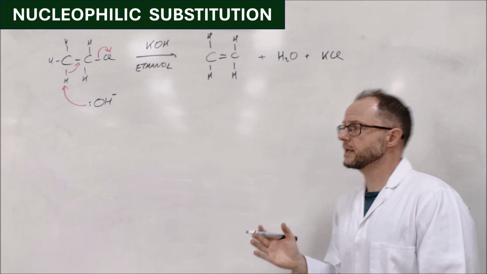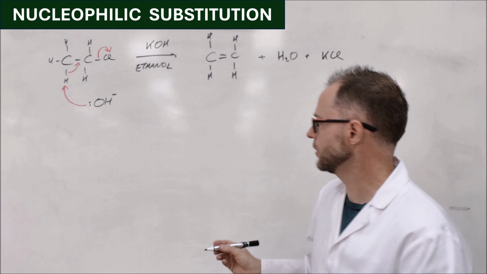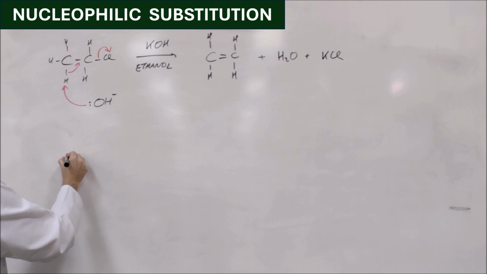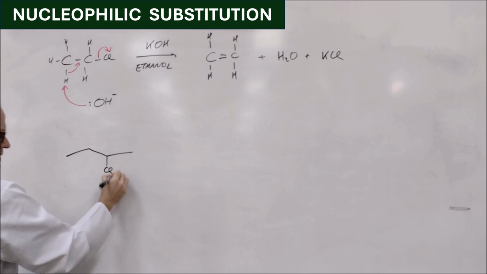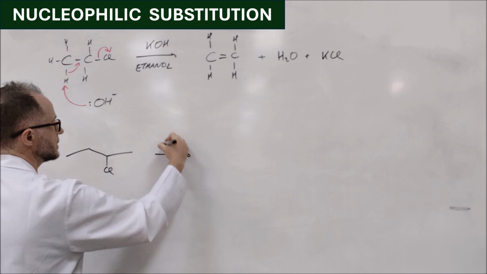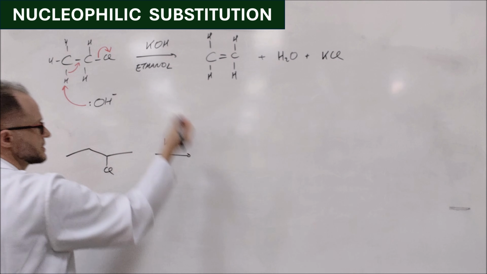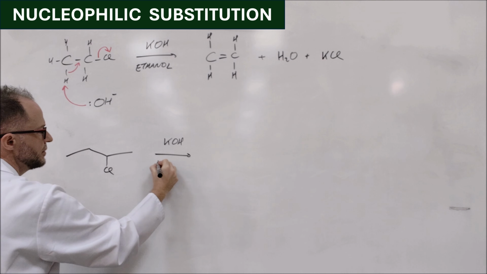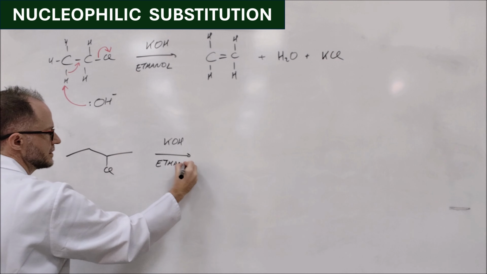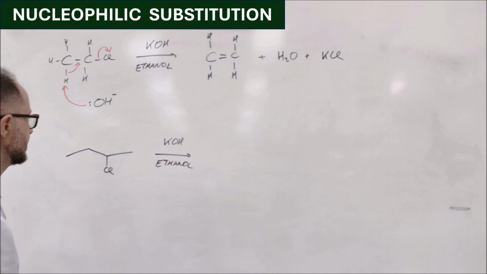There was an exam question once, which I'd like to just point out. They said, we have 2-chlorobutane and we add potassium hydroxide. Could have been sodium hydroxide, don't forget potassium or sodium, they're just spectator ions. But it is carried out in ethanol at a higher temperature.